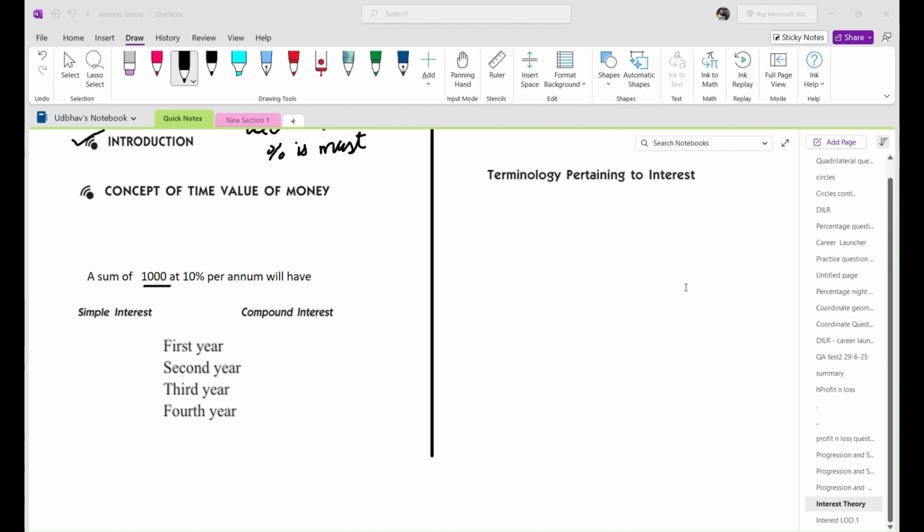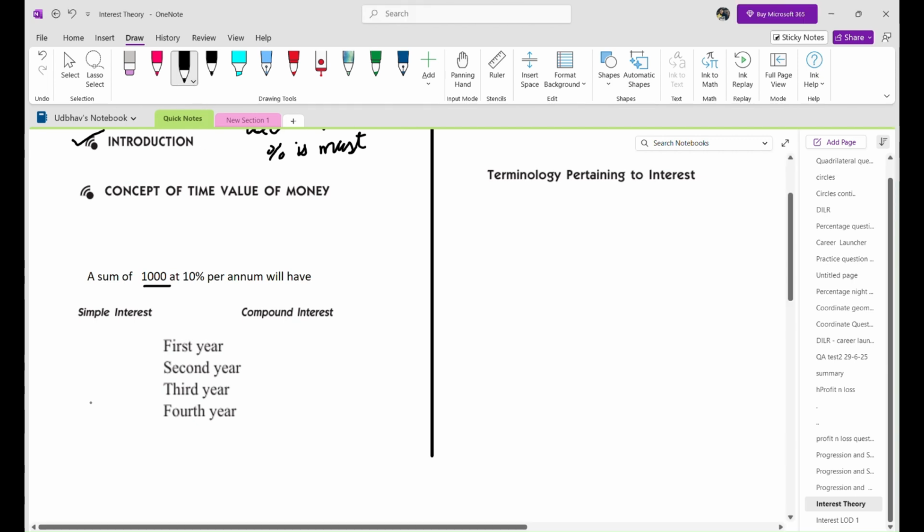So for simple interest, if we calculate for the first year, what would be the interest on 1000 at 10% per annum? It will be 100 rupees. Again, in the second year also, the simple interest will be calculated on the same sum only, so that will be again 100 rupees.